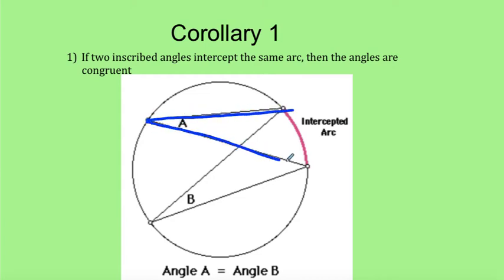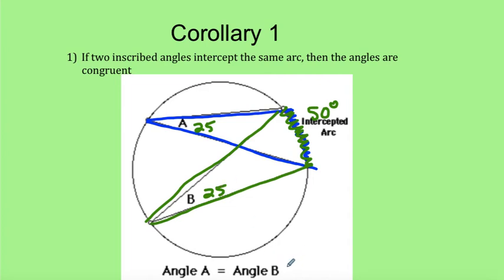There's the sides of angle A. If I go to the ends of the circle, this is the arc it intercepts. And then if I look at angle B, and I highlight the sides, it also intercepts that arc. So if I tell you that that arc is 50 degrees, well then this would be 25, and this would be 25. So angle A and angle B would be congruent.